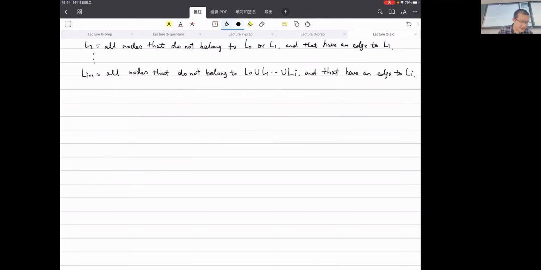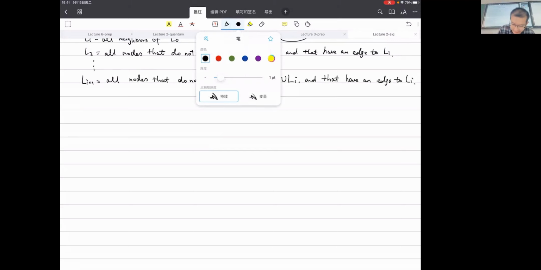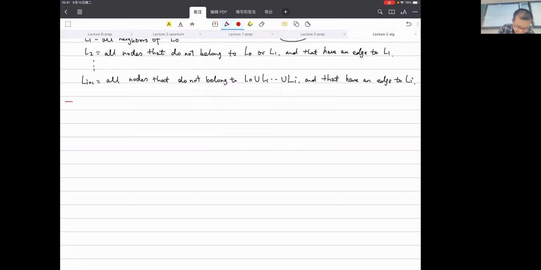Okay, so I guess this is relatively simpler to understand. I'll give a theorem along this. Theorem: for each i, Li consists of all nodes at distance exactly i from S. And this basically gives you an answer to the shortest path problem.